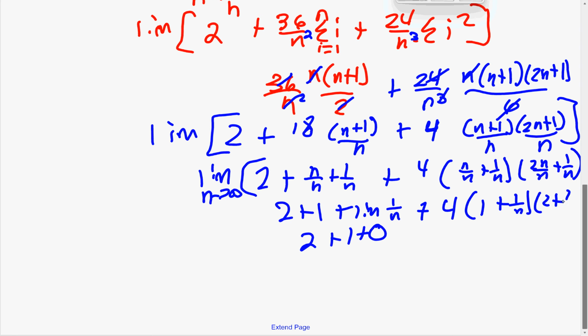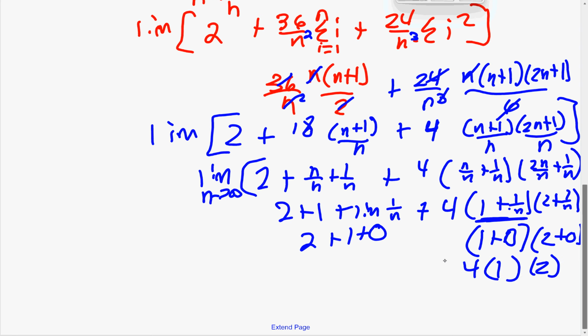This will be 2. So then as I take the limit of this, right, I'll be taking the limit of this one, which is just going to be 1 plus 0. Because I'm taking it as n goes to infinity. So 1 over 20, 1 over 30, 1 over 40 is just getting closer and closer to 0. And this one will also just get closer and closer to 0. So that'd be 1 times 2 times 4.